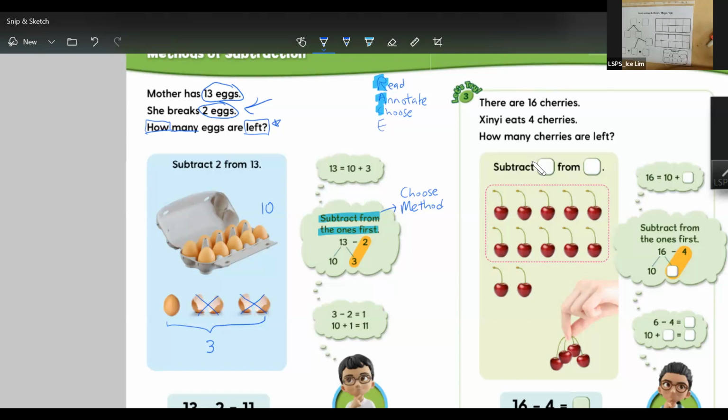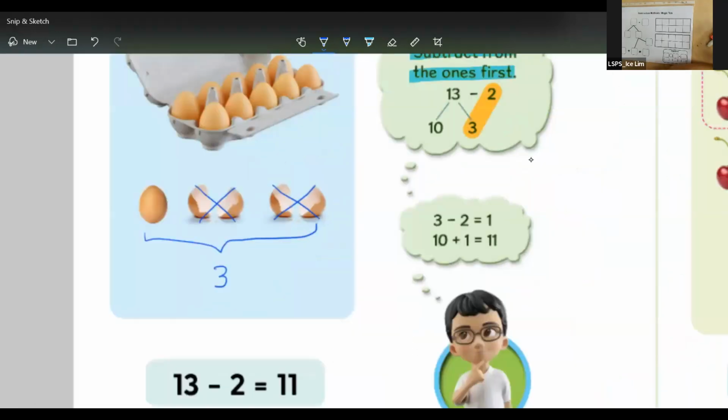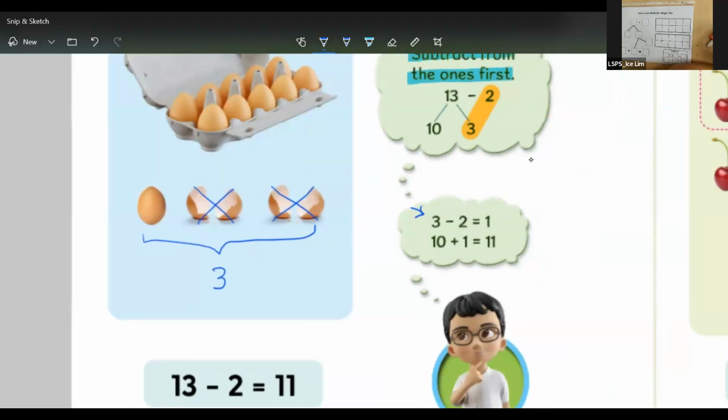So look at the step here. First step, subtract the ones first. So you have 3 minus 2. You get 1 left here.